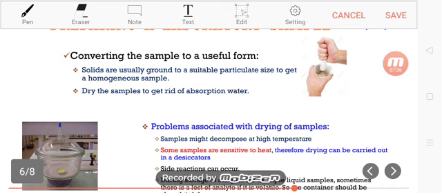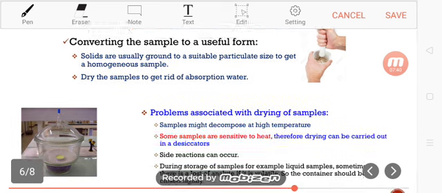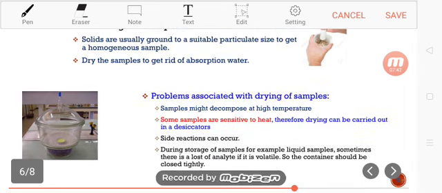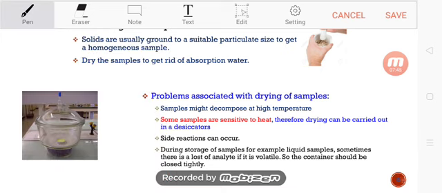This must be done, but there is a problem associated with drying of samples, where the samples might decompose at high temperature. Some samples are very sensitive to heat, so you need to carry out the drying process in a desiccator.